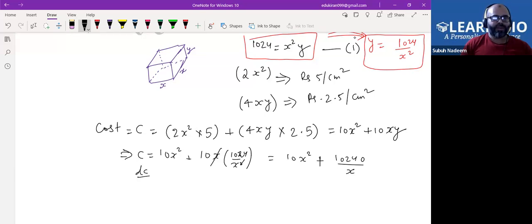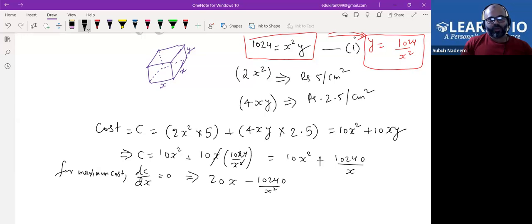Now dC by dx is equal to 0 for extreme cost, isn't it? So it would be 20x and this will become minus 10240 by x square is equal to 0.